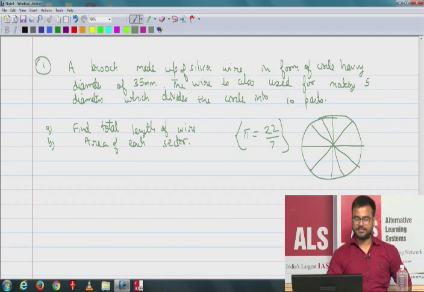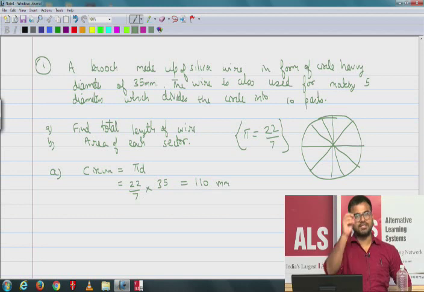So the first part is very easy. What you have to do, the complete outer circumference, which is the circumference of the circle, and circumference is given by pi into diameter or 2 pi r, both are same. Pi is 22/7, diameter is 35, so it will be 7 5 times, and 22 into 5 is 110.